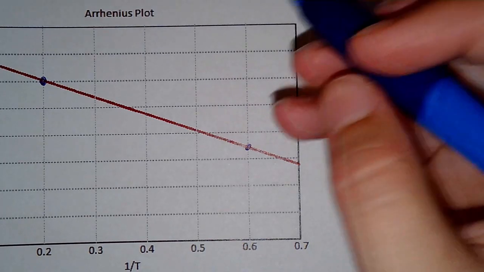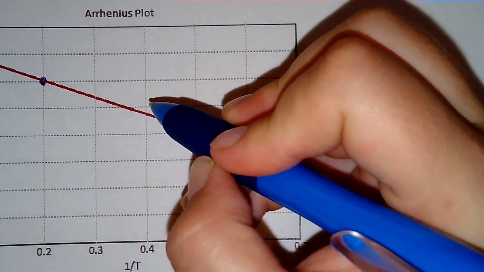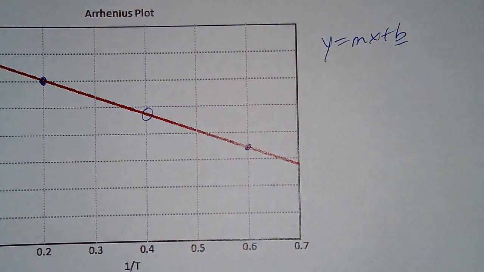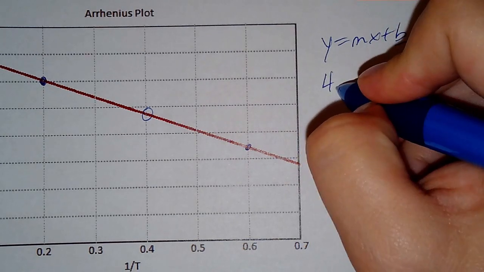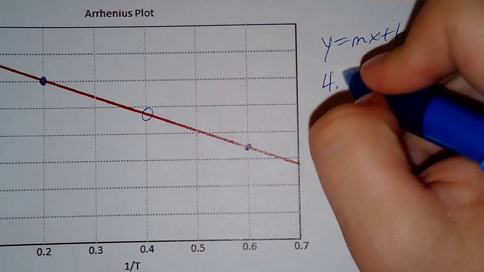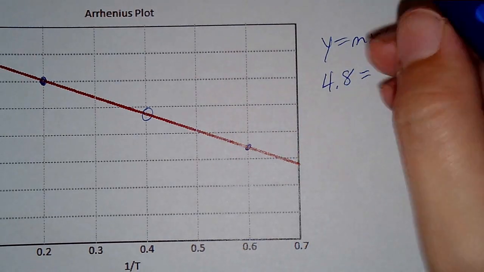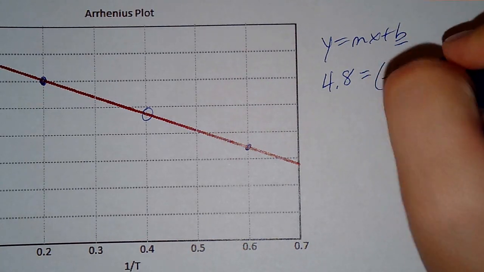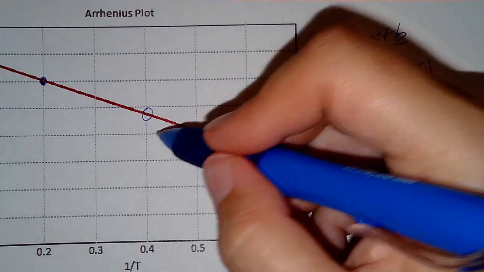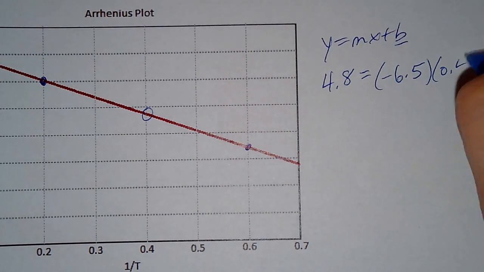I'll pick this one. Alright, so the y would be approximately, we'll call that 4.8. We calculated our slope to be negative 6.5. Our x value is 0.4.